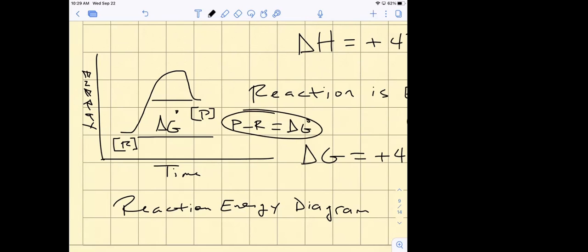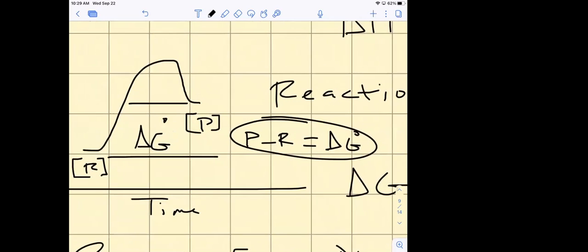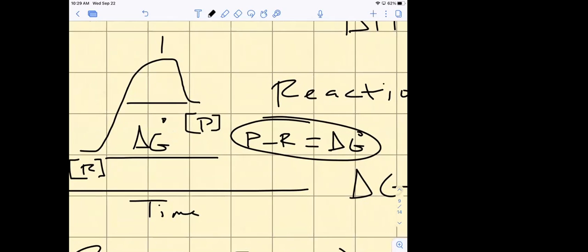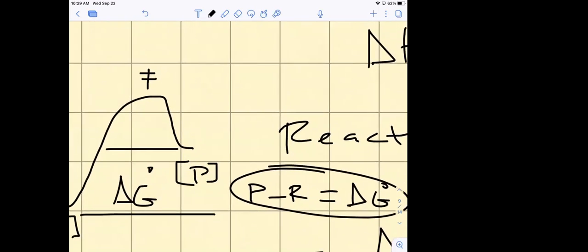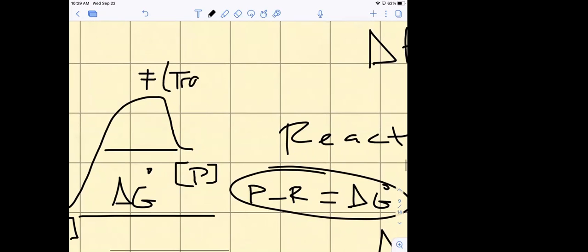And then at the top part of this curve, what is that species called? That's at the very top, the highest energy species on the reaction curve. Anybody? Can you give us a hint? I'll just write it out. It's called a transition state.